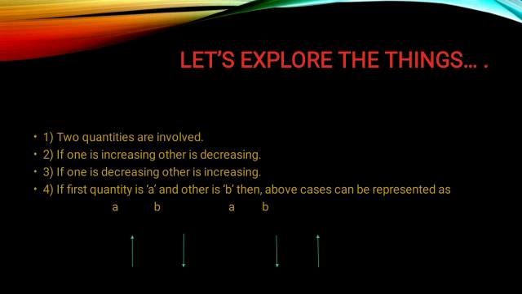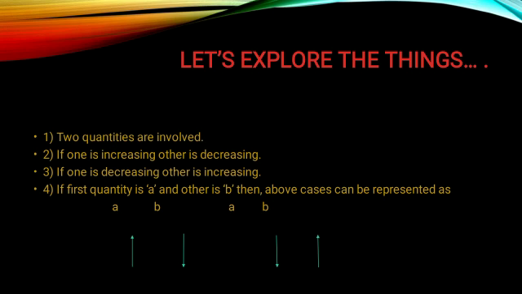What we have noticed, a few things we have discussed on the last slide: the first thing, 2 quantities are involved. Even in the case of direct proportion 2 quantities were involved. So here also, whatever the things or activities or works discussed on the last slide, in every example 2 quantities were involved.